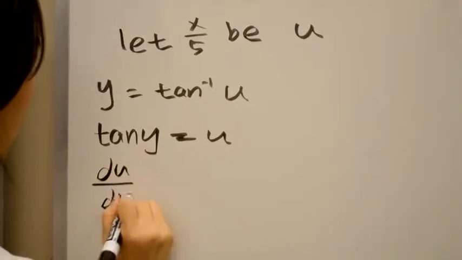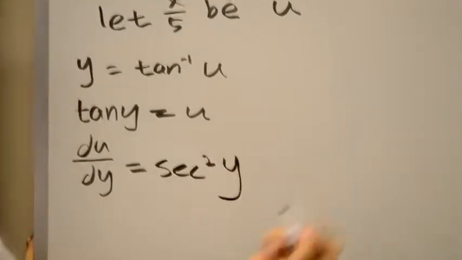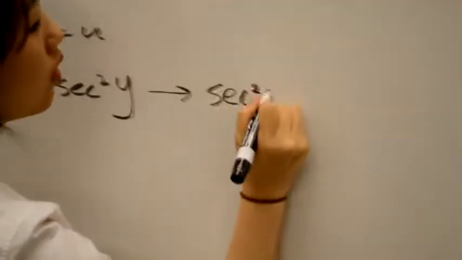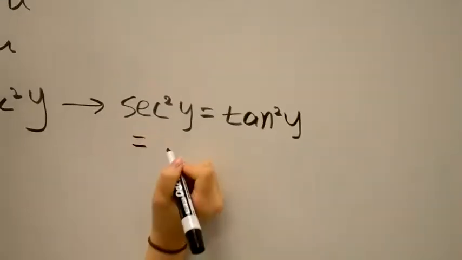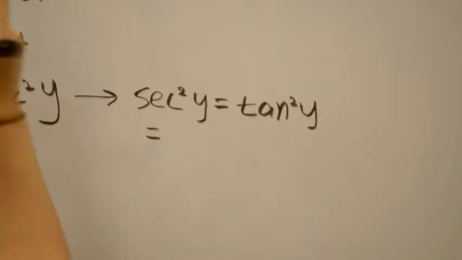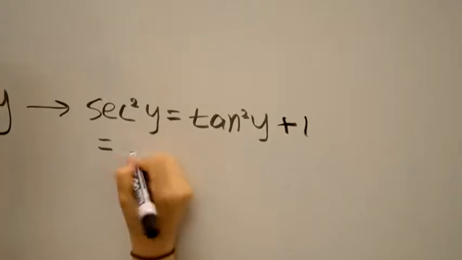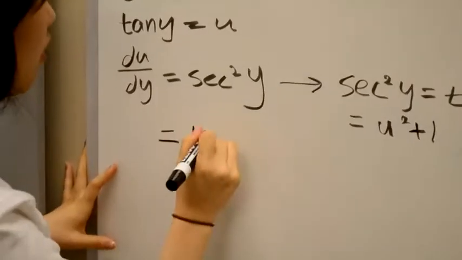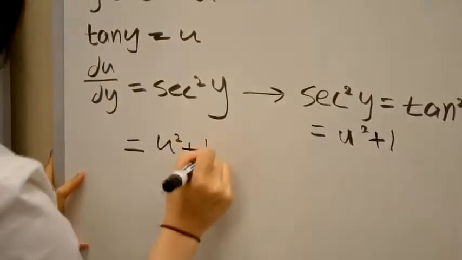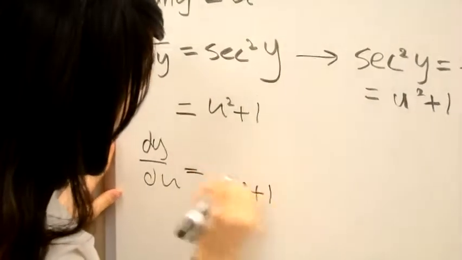So we obviously are going to take the derivative of it with respect to y, and when we use the trigonometric identity there, secant squared y equals tangent squared y plus 1. And we know that u equals tangent y, so that's going to be u squared plus 1.